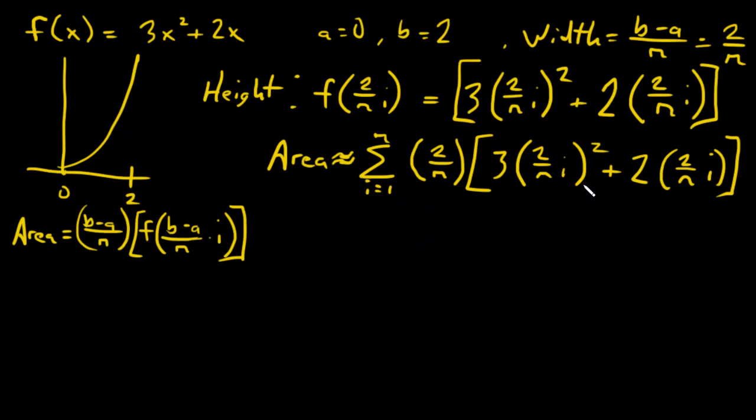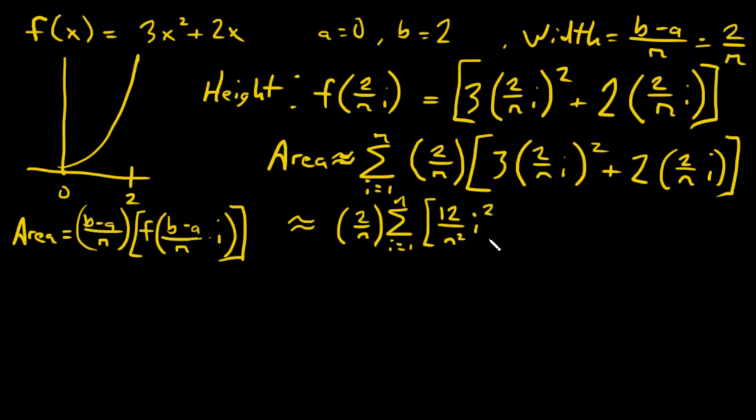So I got a lot of algebra to clear up here, but that's not too bad. So this is going to approximately equal, I'm going to move the 2 over n out to start, summation i equals 1 to n, and then I'm going to have 3 times 4 over n squared, which is 12 over n squared, i squared.